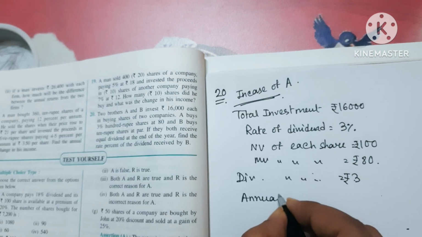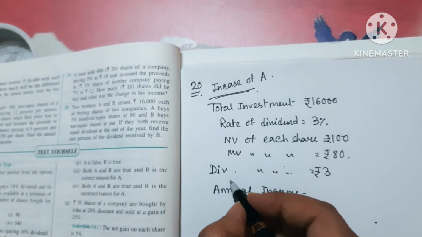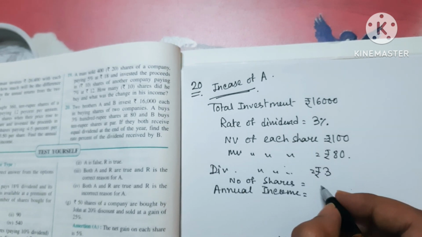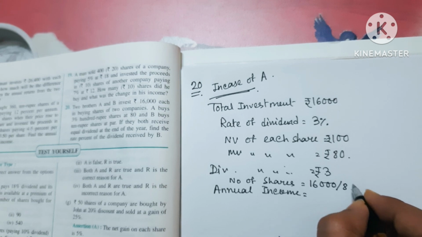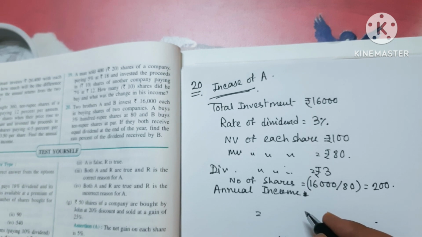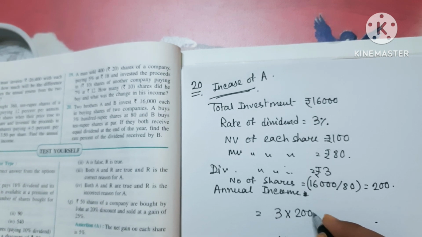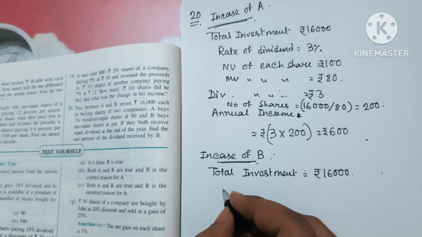So total annual income, first you need to find out a number of shares. Okay, so number of shares, 16,000 by 80, 200. So total income, annual income or total dividend, 3 into 200.